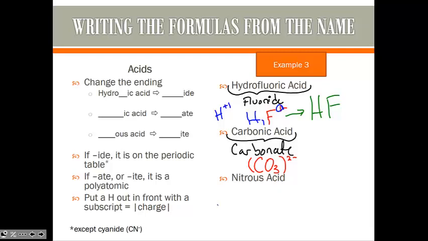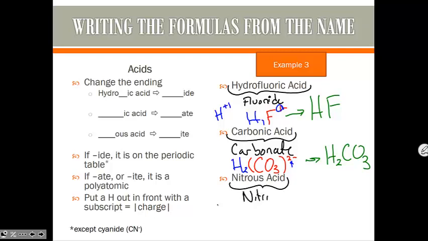Again, that -2 tells you how many hydrogens you would need to cancel out that negative, giving us a formula for carbonic acid of H2CO3.